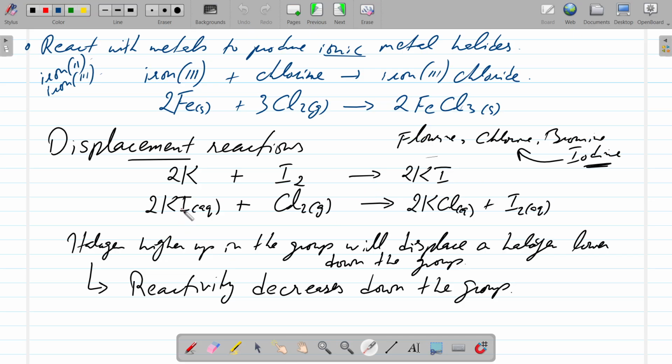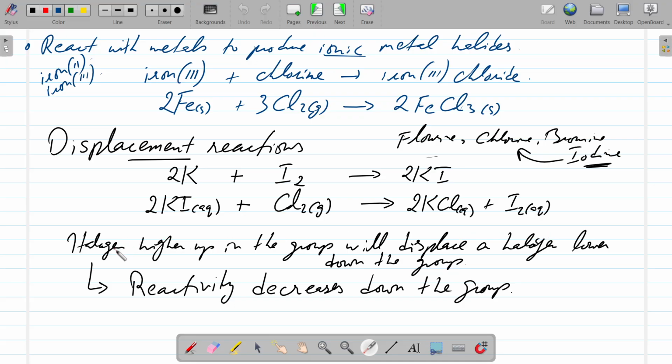Then when you react potassium iodide with chlorine, what you end up with is potassium chloride and iodine. Basically, as the name suggests, the chlorine has displaced the iodine and formed a compound with potassium, and now iodine is present in its elemental state, the diatomic molecule.